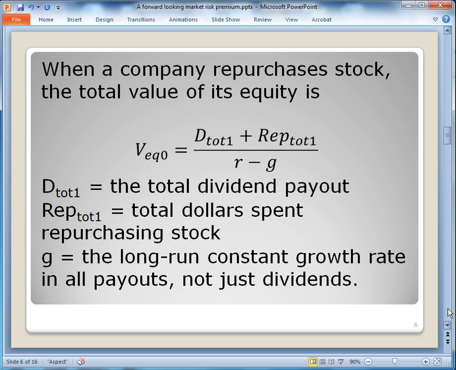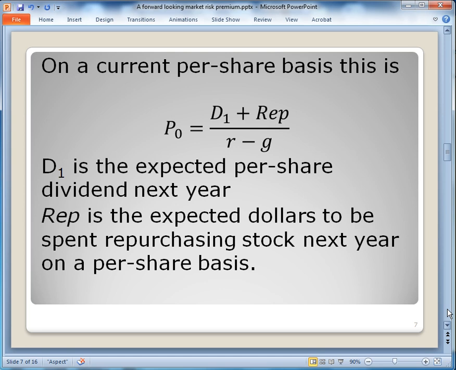And if we take this equation and rewrite it on a per share basis, that means that the price per share of a stock, and we're going to apply this to the market index as a whole in a couple of minutes, is the present value of the dividends and the repurchases all on a per share basis. And this means that we're going to need a measure of the expected dollars to be spent repurchasing stock over the next year.